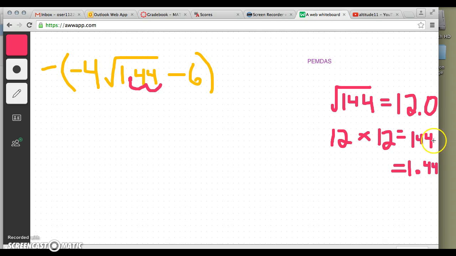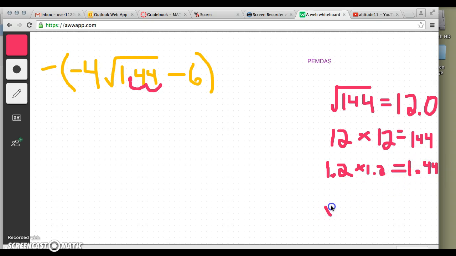All right, so notice guys that we moved this decimal in 144.0 twice to the left. So we need to have 2 decimal places accounted for, which we can get by rewriting our 12s as 1.2s. So 1.2 times 1.2 is going to be equal to 1.44.